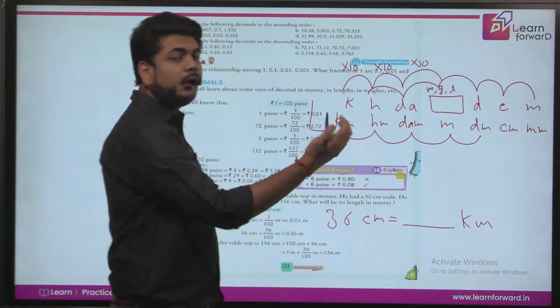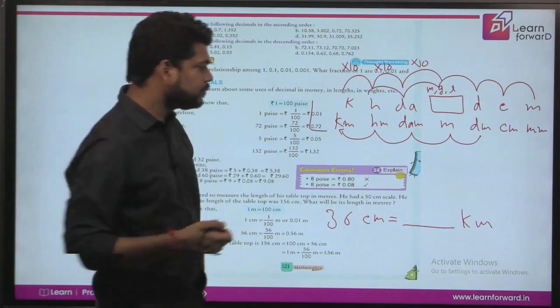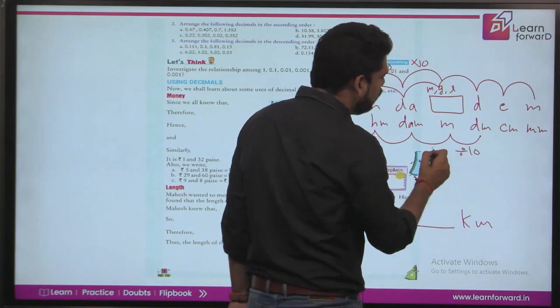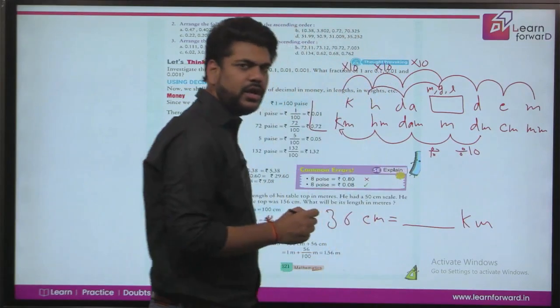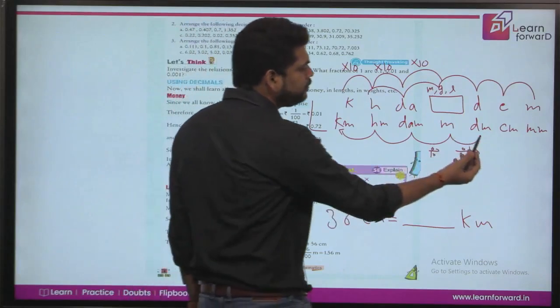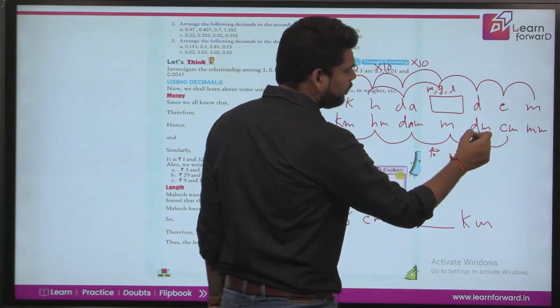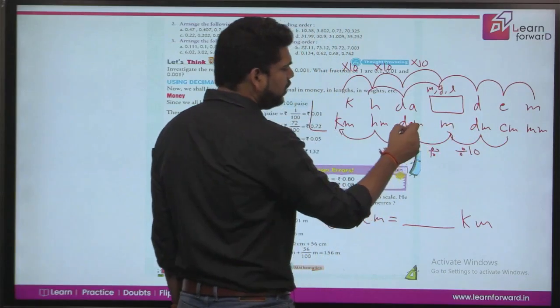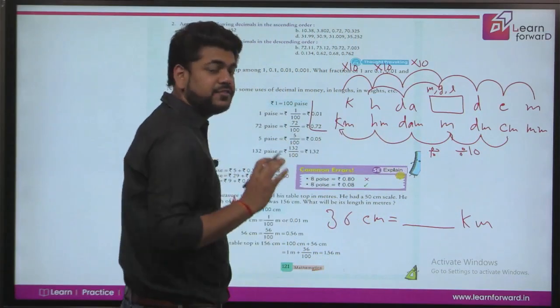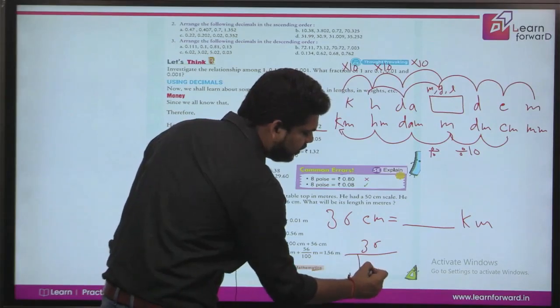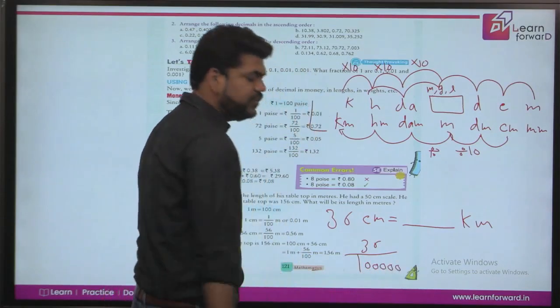Now notice I am coming on the left side. On left side we have to divide by 10 on each step. Okay. So how many times we are dividing? From centimeter to kilometer, 1, 2, 3, 4, 5. 5 zeros. That means I have to divide 36 by 5 zeros.